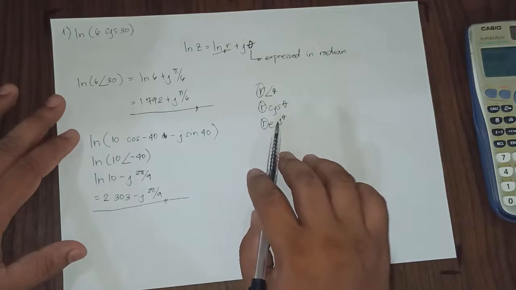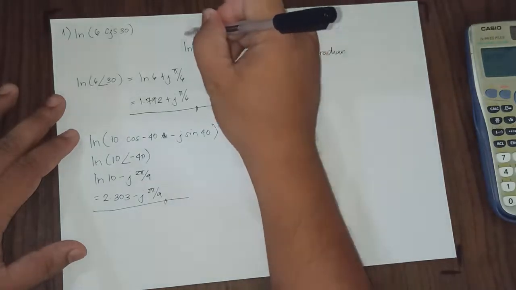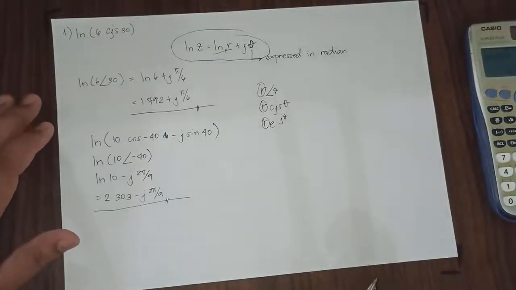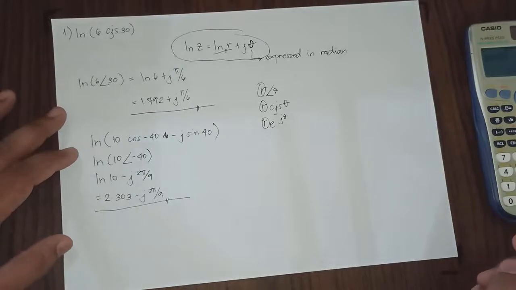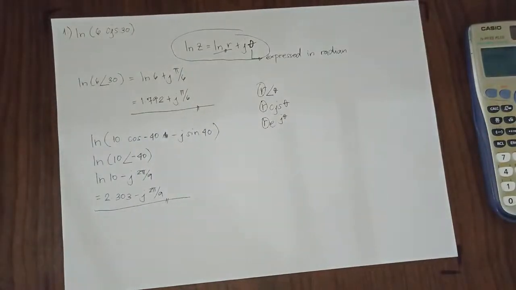Kukunin nyo na kaagad yung radian, and kailangan masunod yung kanyang rule, equation na ia-apply nyo sa kanya. Okay? So, any forms of complex number na maibigay ng examiner, no?